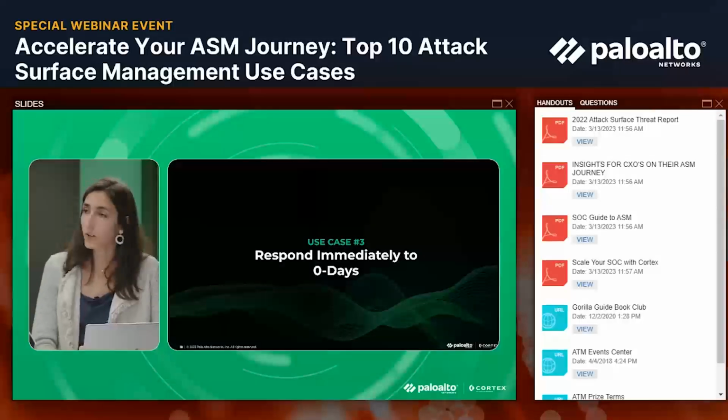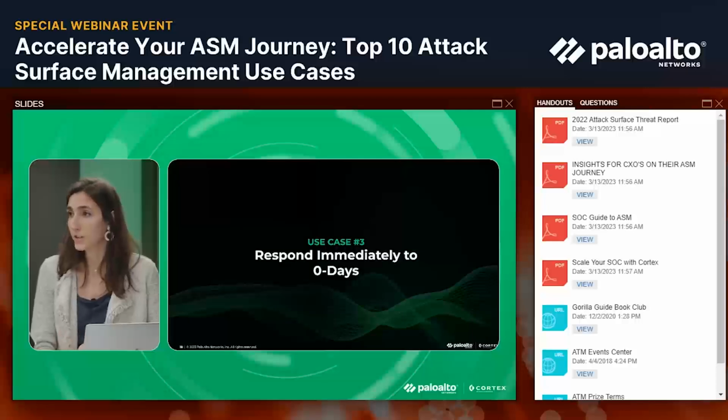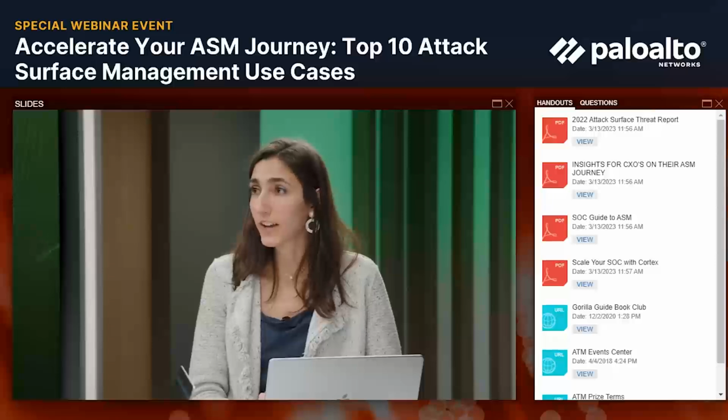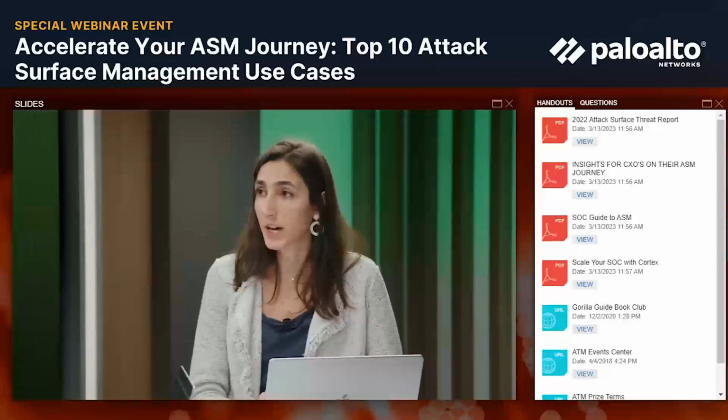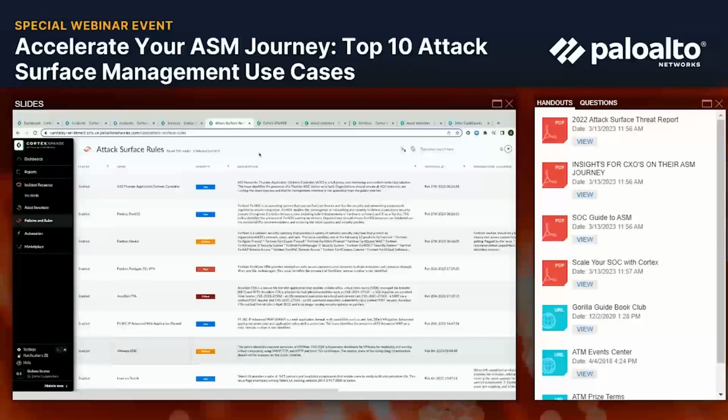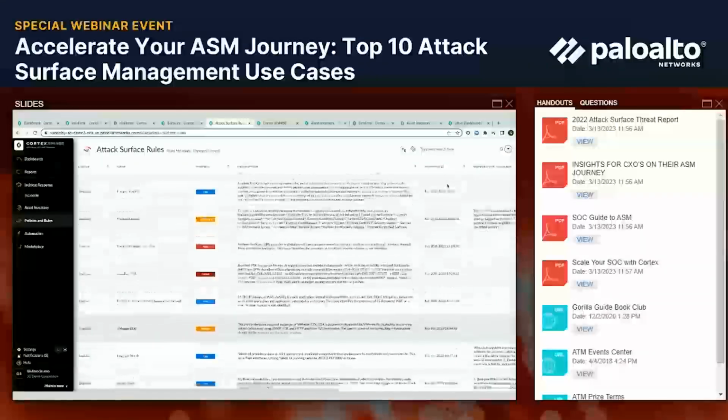Great question. So we see that security teams really struggle to respond quickly to 0-days. In Xpanse, we have over 500 policies that we are continually updating based on new CVEs and 0-day vulnerabilities that are released. Here we are in the console looking at our attack surface rules, and you can see over here how frequently these are updated.